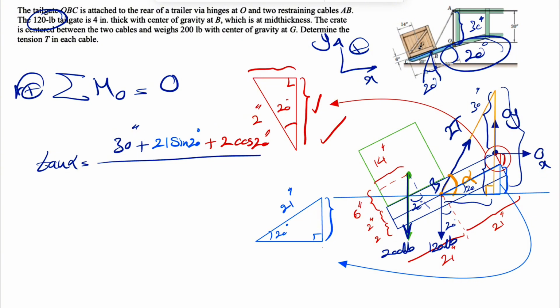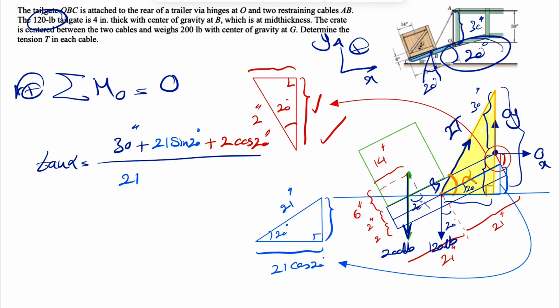If we get back to our blue triangle, this side would be 21 cosine of 20 degrees. But what we are interested in is the base of the yellow triangle. Let me just highlight this triangle. Based on this right triangle, we need to subtract the red part from here in order to get that base.